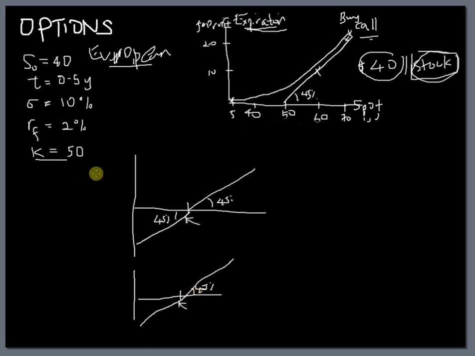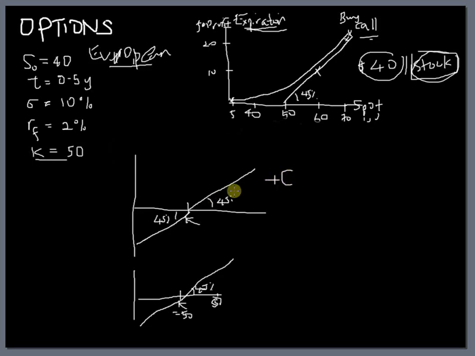A forward means that, let's say, in 6 months time you can exercise this forward at price K. If the stock price moves to say 60, K is 50, you make $10, right? Because you are able to buy this at $50 and then sell in the market at $60 and you make $10.